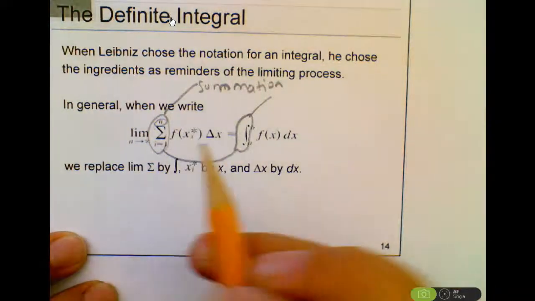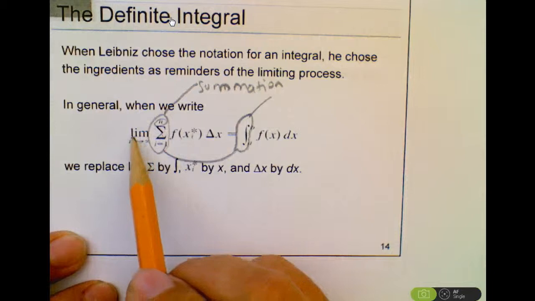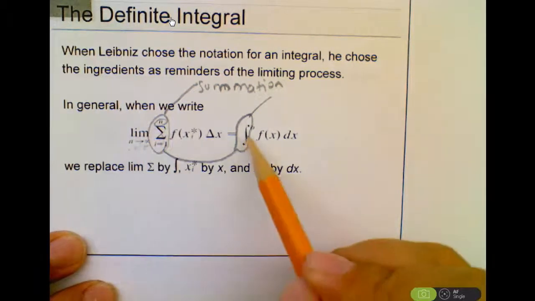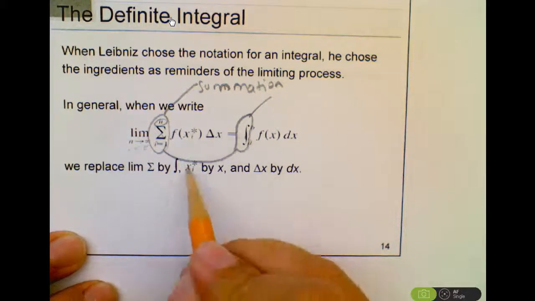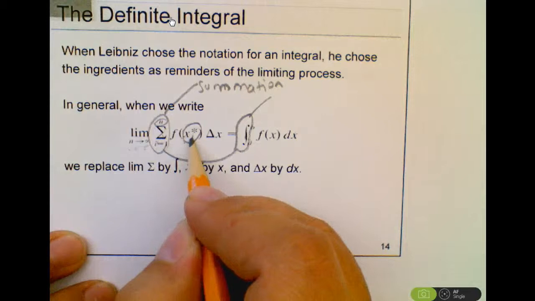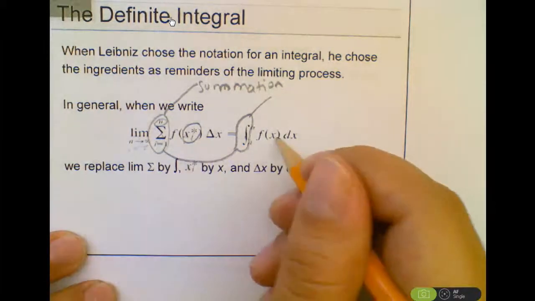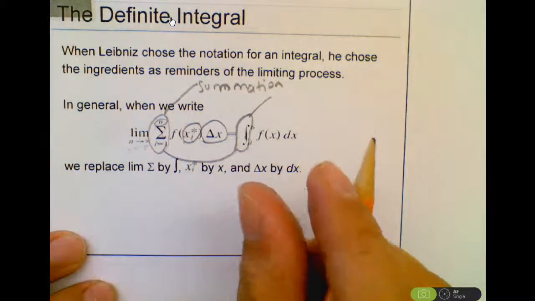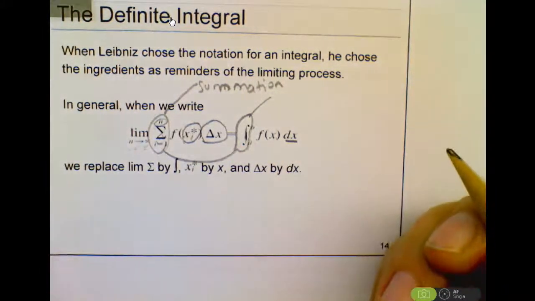That's why it's not only the summation, but the limit as n approaches infinity of the summation of many, many things that becomes the integral. So this becomes this. The x that we have in the summation, which could have been any x in the interval, now becomes simply x. And the delta x, how wide the rectangle was, becomes simply dx.